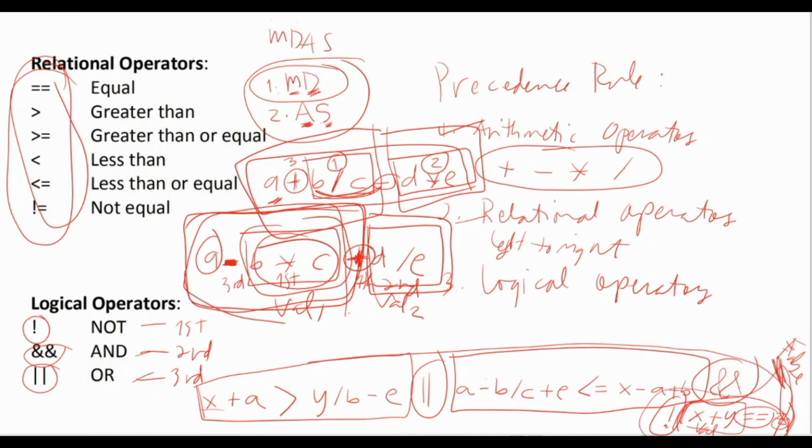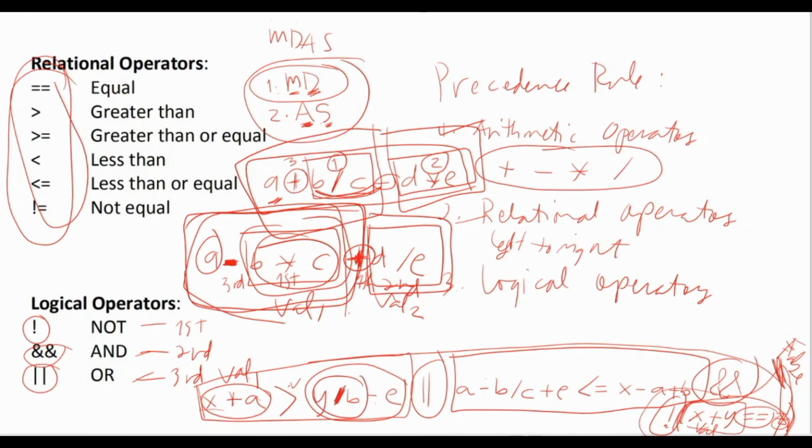So for the first sub-expression, we have relational operators, so we perform the arithmetic operators first. Starting with the left, this is x plus y, so this has a value now. You add x and a, the value is val 1, and then say this part here is y divided by b minus e, so we perform this one first because this is division.